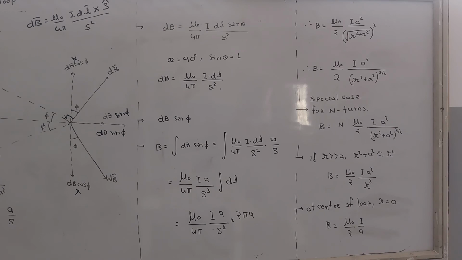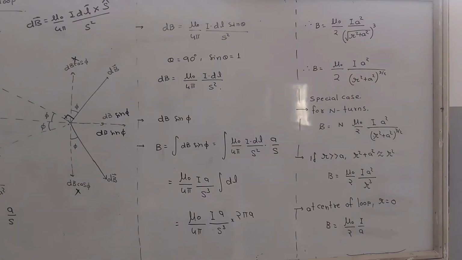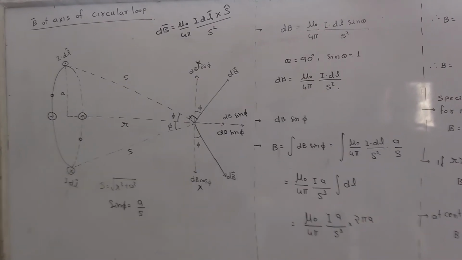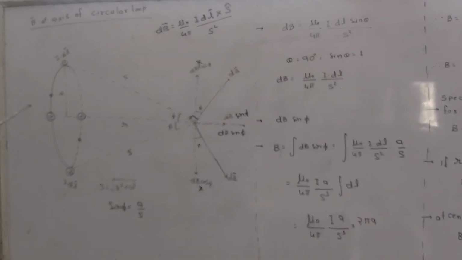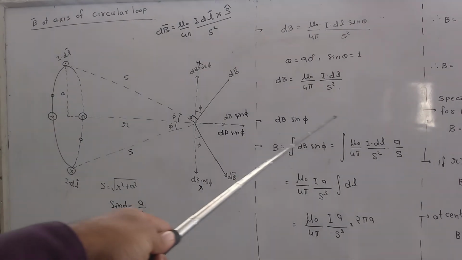Now coming to special cases. If this loop is not of a single turn, it is having n number of turns, what happens? Simply the magnetic field becomes n times. That's all. Okay, the first special case. The second one: if r is much greater than a, that means this distance r is a very large distance.